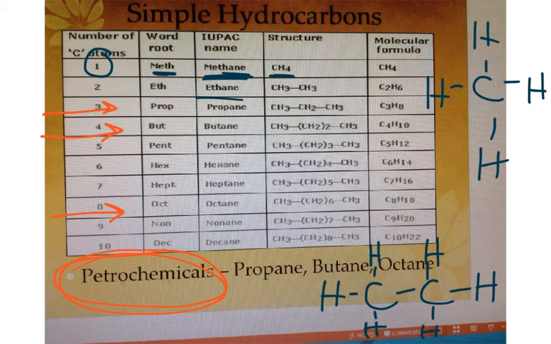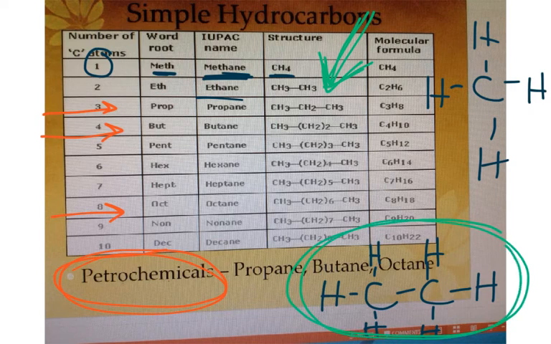The other thing I want you to notice is this notation right here with structure. I'm going to switch slides, but I'll come back. CH4 is pretty easy. I can totally understand CH4. But when I look at the next one, I see CH3, CH3. That's a little bit confusing. It's hard to understand what's going on. So this is CH3, CH3.